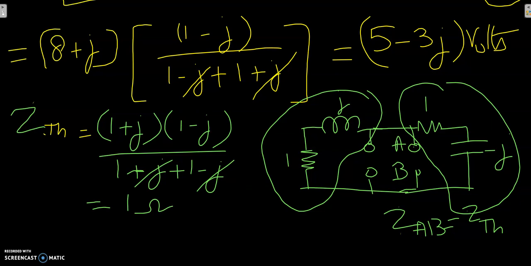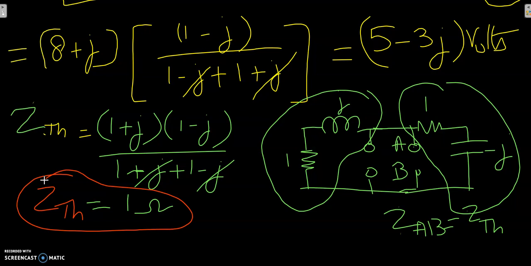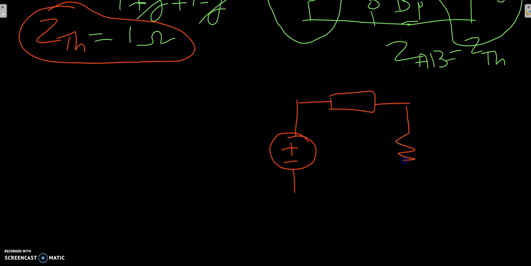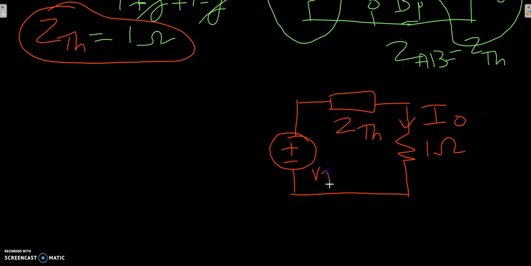So ZTH is 1 ohm, and VTH is this much. If I draw the equivalent circuit for Thevenin's theorem, it will be a voltage source and impedance and the 1 ohm resistor through which we intend to find the current. So this is ZTH and this is VTH.